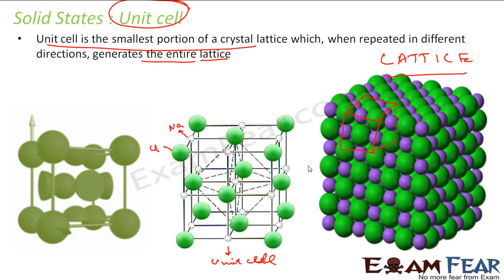If you look at this figure, you can see the three-dimensional view, where these are my chlorine. Since the sodium is in the voids, the empty space, I have not shown sodium here, but sodium will be somewhere here and here. Both pictures are the same actually. We'll take you through a video where you understand all these shapes in a better way.